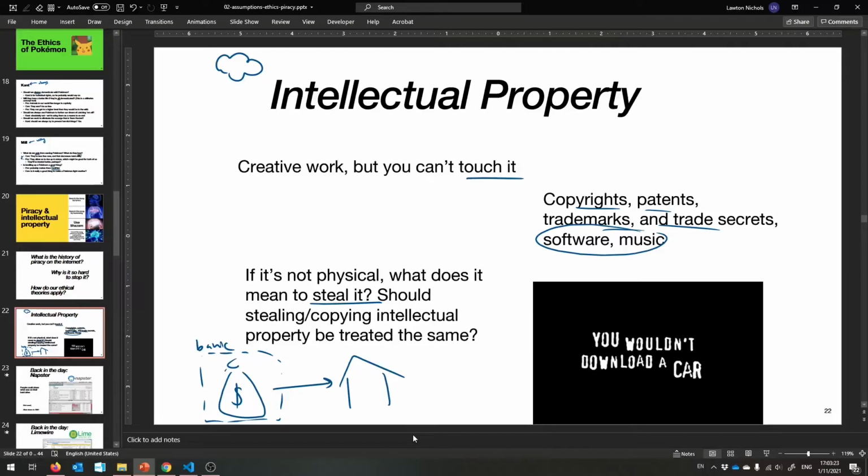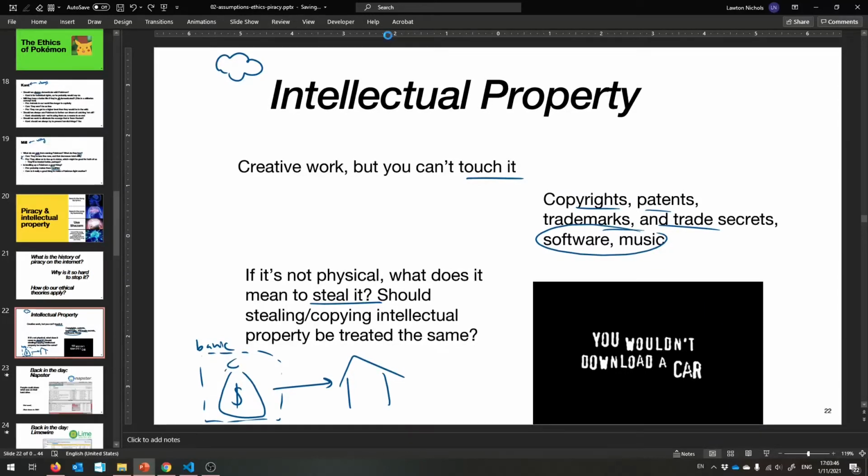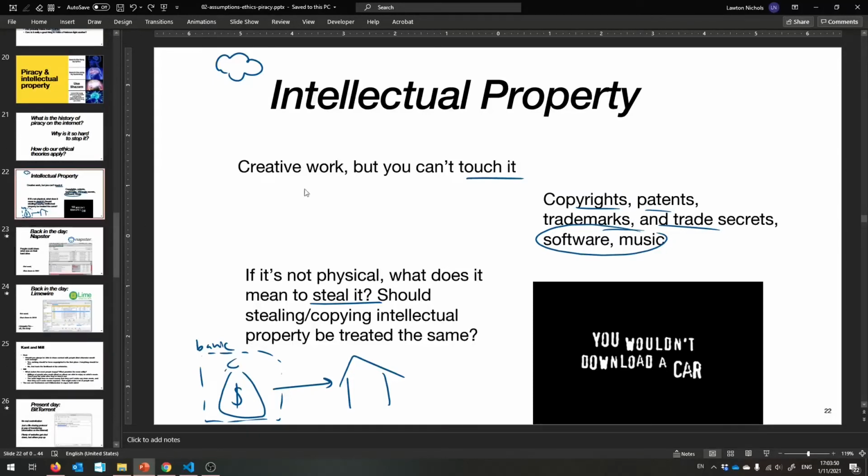But when you have something that's intellectual property, like a song that you download, for example, you still have it. The original owner still has it. You made a copy of it. No one's losing anything is the idea. And so it's a bit different. The joke is, you wouldn't download a car, would you? And the joke follow-up would be, I would if I could.